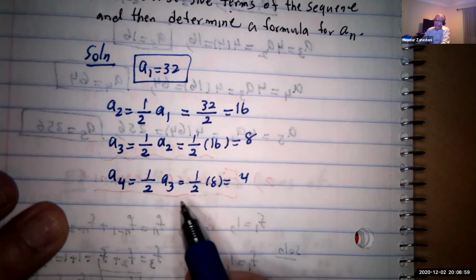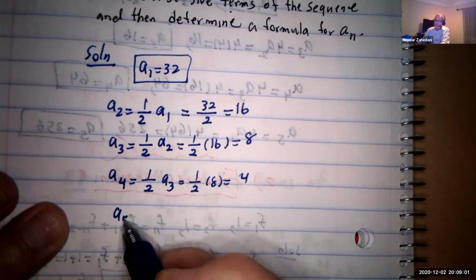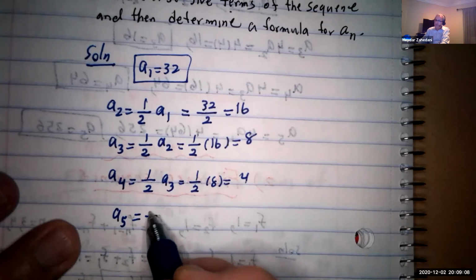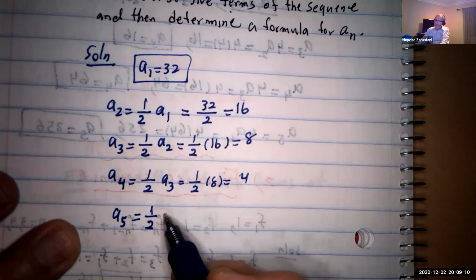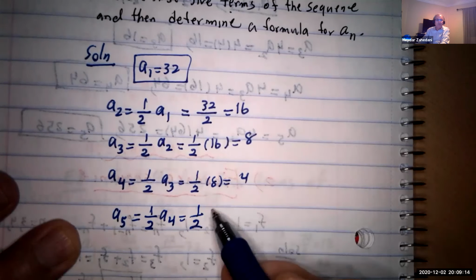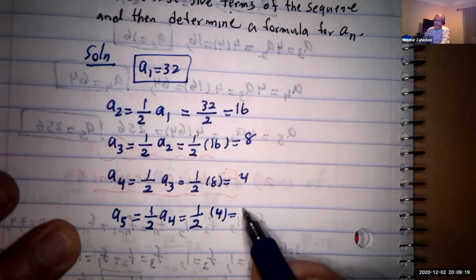You can guess the next one, a5. a5 is going to be 1/2 of a4, so 1/2 of 4, and that gives us 2.